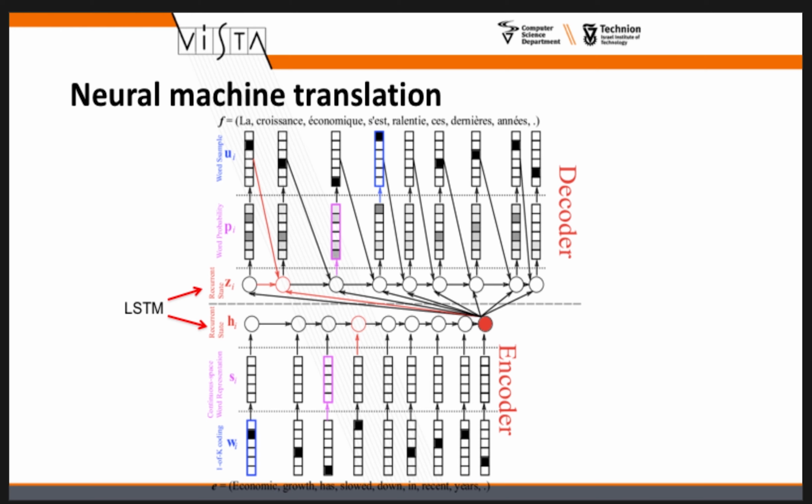So you have here some encoder that encodes your sentences in French, and actually it's using our recurrent neural network. And here we have a decoder that decodes this information to English words. Okay. So this is neural machine translation.